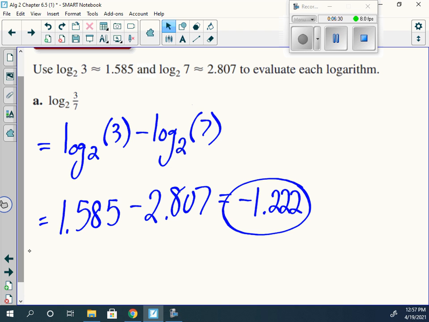And that is our answer there. Now with these, you could have typed log base 2 of 3/7 because the graphing calculator, which we went over on Friday, can do that. And it should give you something close to this here.